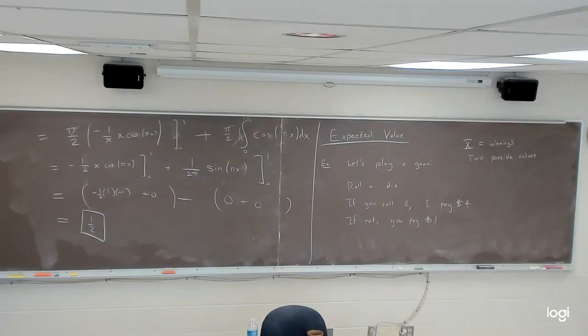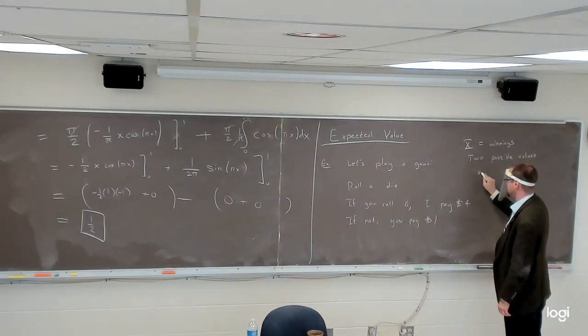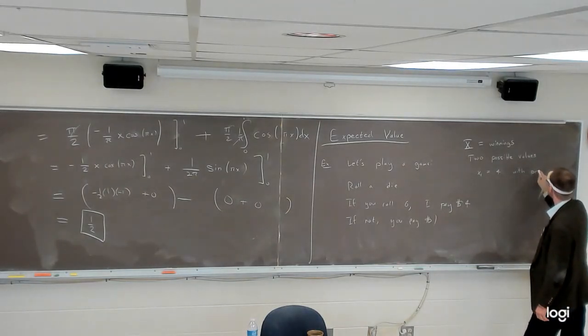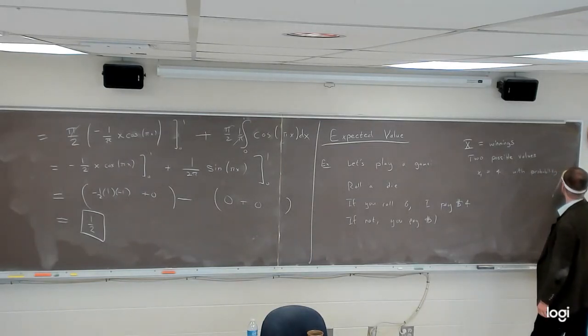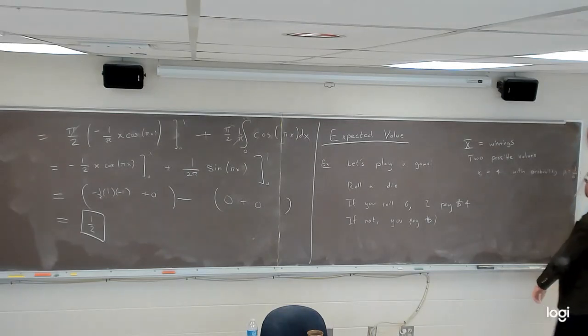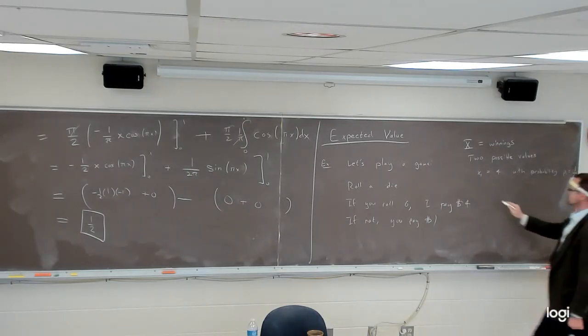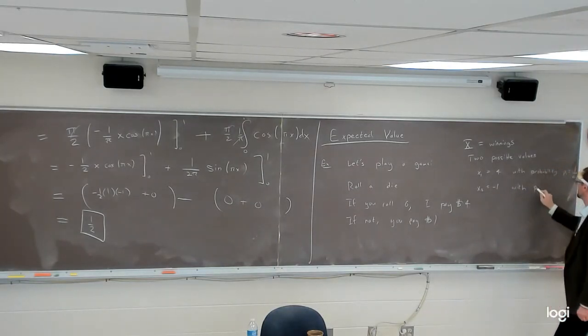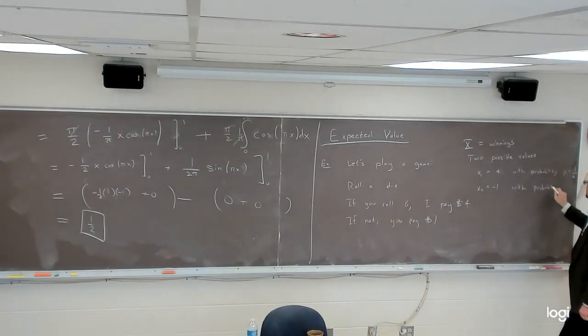First of all, you could be winning $4 with probability P1 equals 1/6. That's how likely you are to win those $4. The second possibility is -1. You could be losing $1 with probability P2 equals 5/6. Those are the two possible outcomes, each with their own probability.